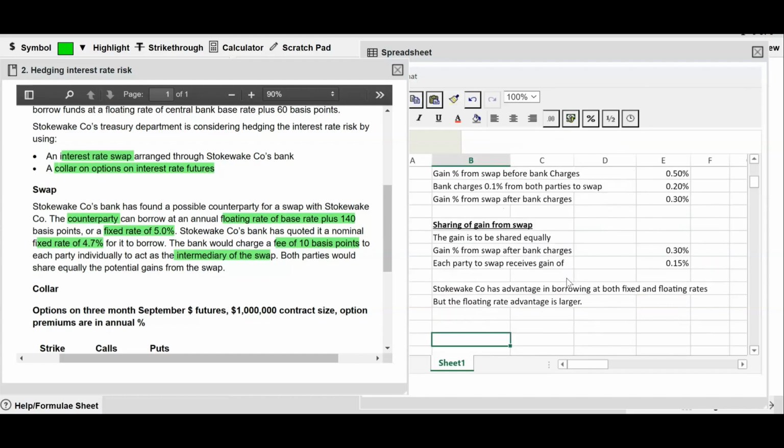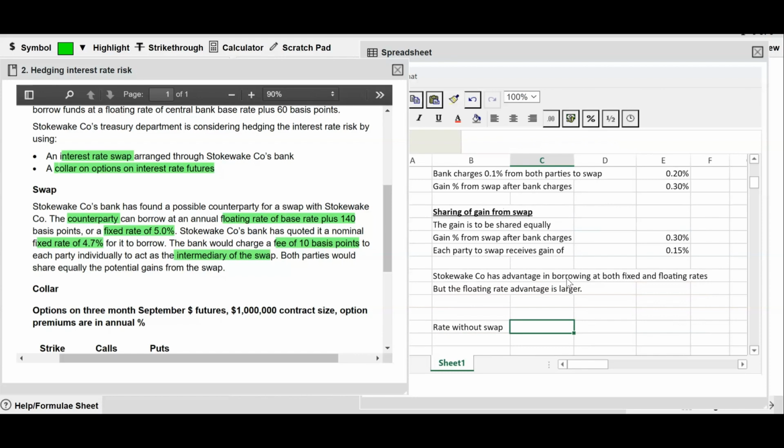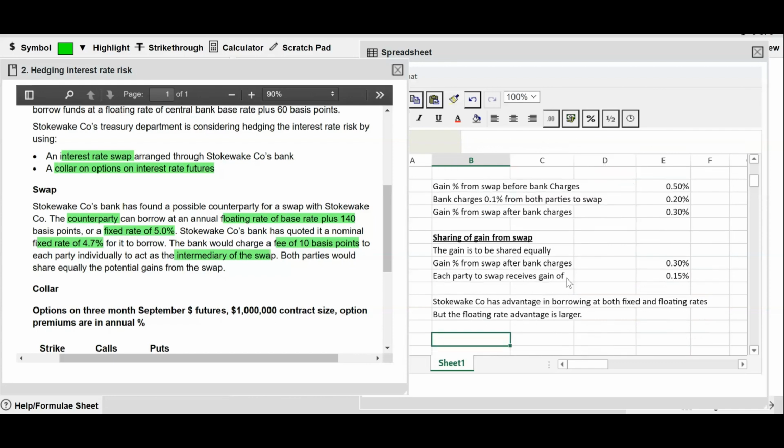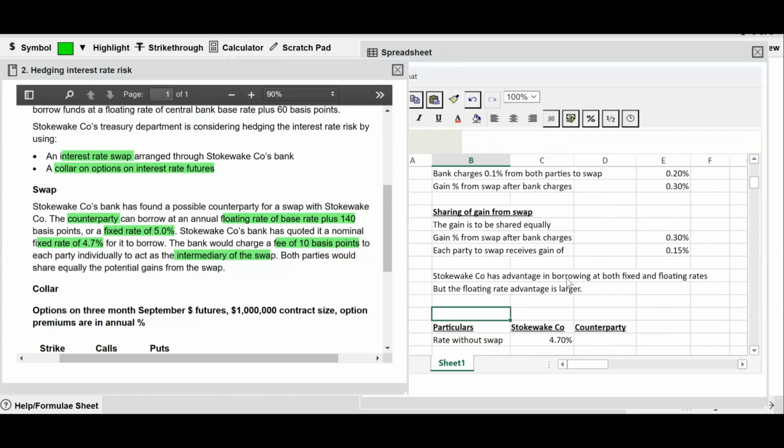So suppose if there was no swap, rate without swap, instead of taking floating, he would have taken fixed, and fixed would have been 4.7 percentage. Just copying the headings in order to save time. And here we're going to find out this result from swap.